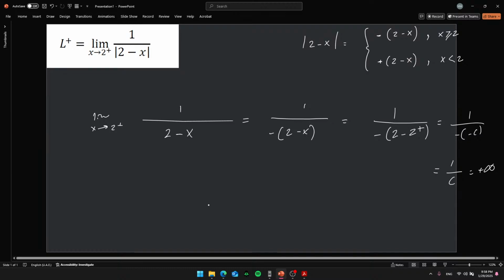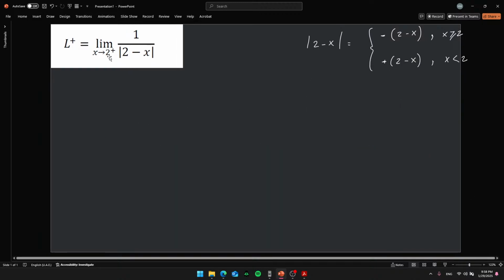Okay. So just for the people who got confused, I'll teach you how to rewrite absolute values. Okay. If we have x minus 2, the sign of the x is positive, right?